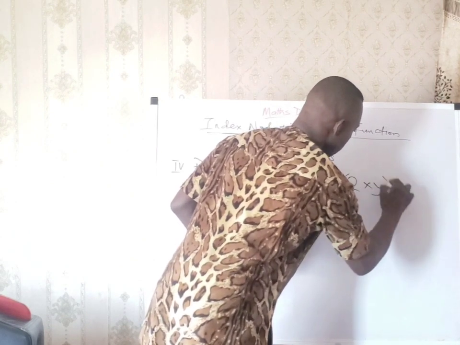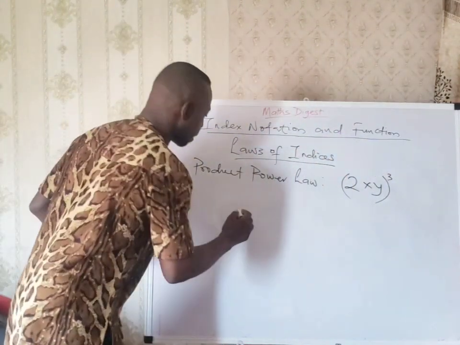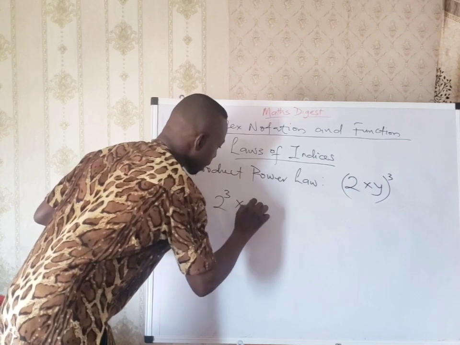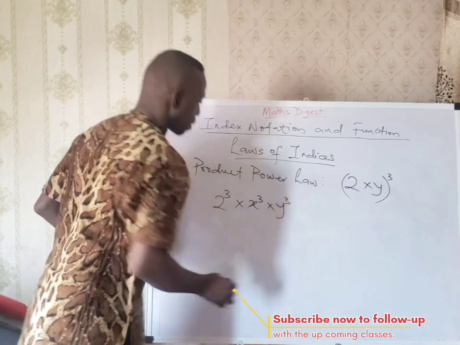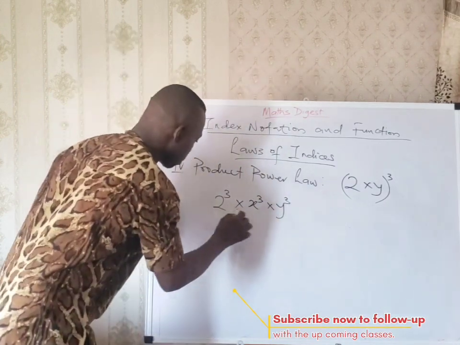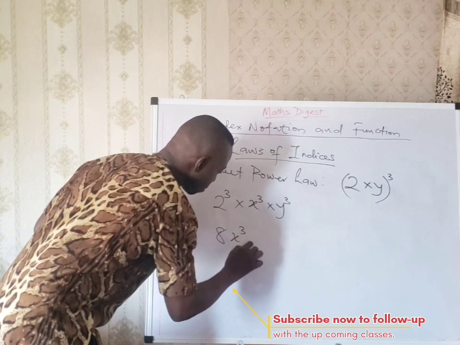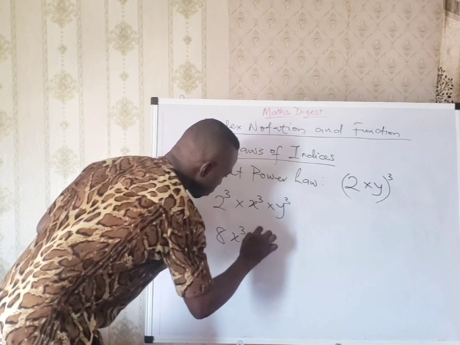So if you, for instance, say 2xy raised to power 3, what this simply means is 2 raised to power 3 times x raised to power 3 times y raised to power 3, and this will simply give you 8x raised to power 3 y raised to power 3.